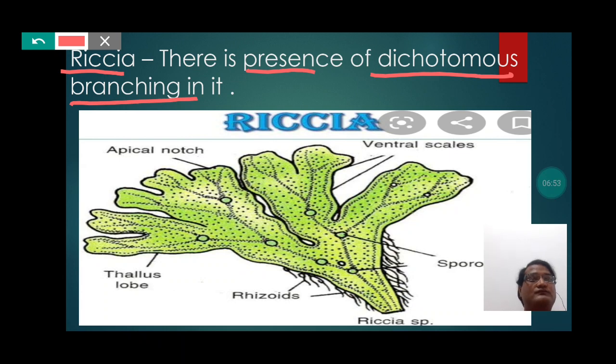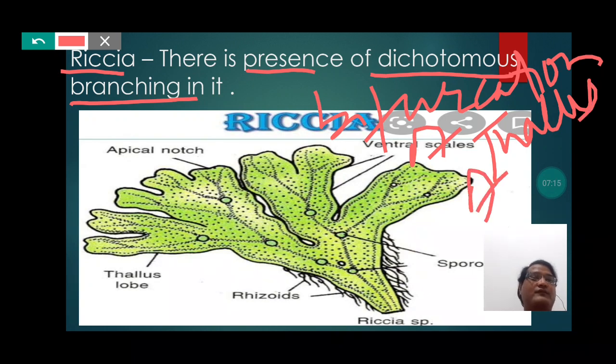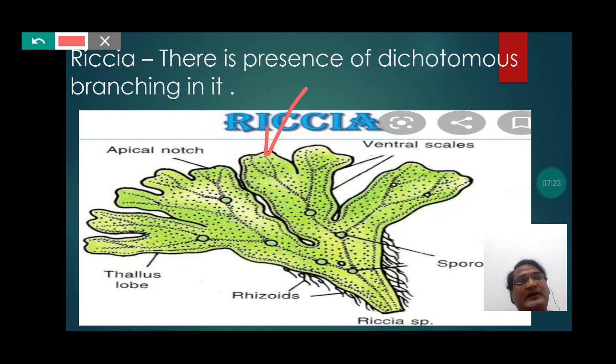Students, dichotomous branching is the bifurcation of the thallus of Riccia. So students, here you can easily notice that the thallus of the Riccia is bifurcated into two lobes.